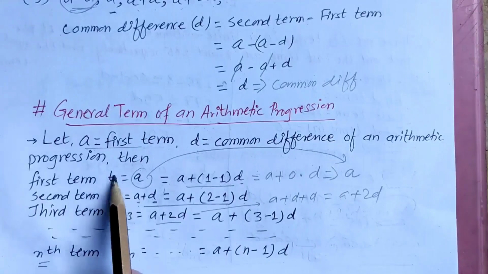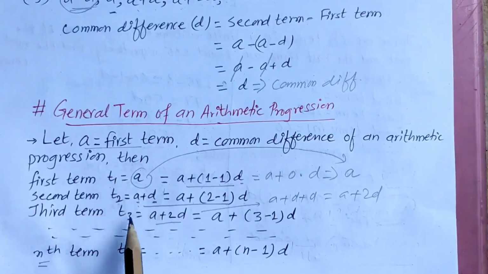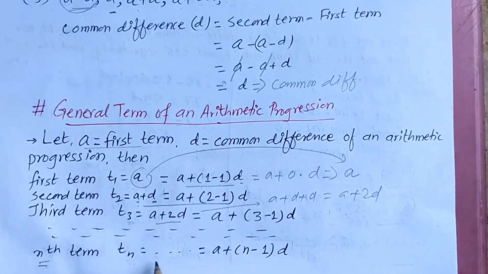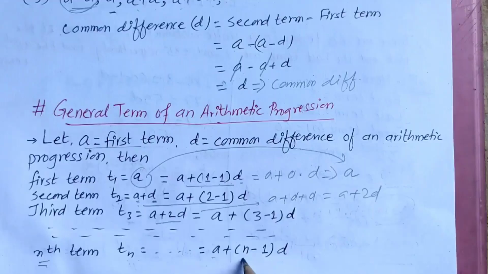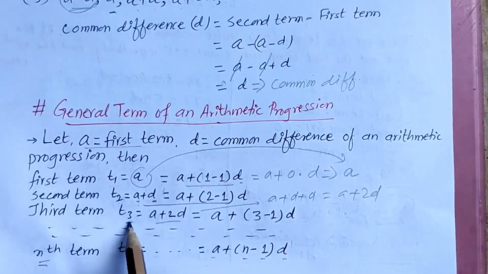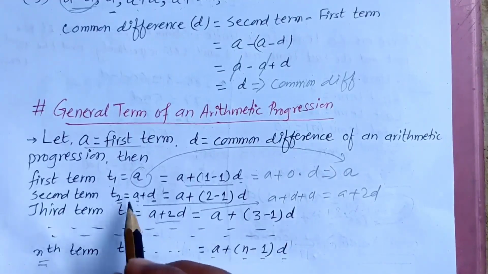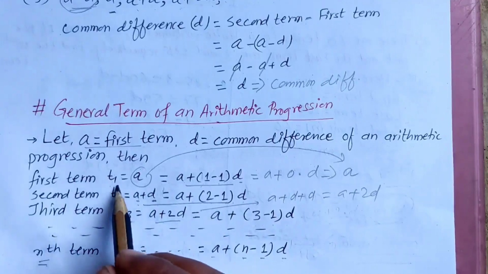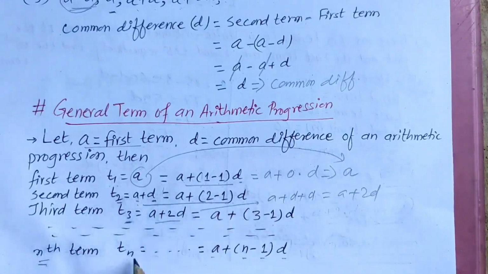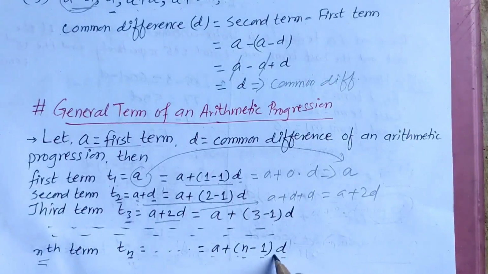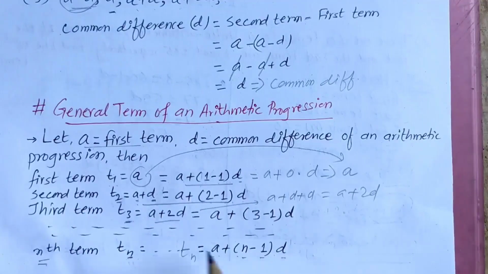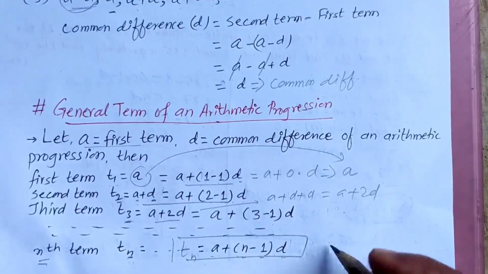The first term is T1, the second term T2, the third term T3, and similarly the nth term is Tn equal to A plus (n minus 1) D. In the third term T3 we wrote 3 minus 1, in T2 we wrote 2 minus 1, and in T1 we wrote 1 minus 1. Similarly, the nth term is written with n minus 1. And this Tn equal to A plus (n minus 1) times D is called the general term.